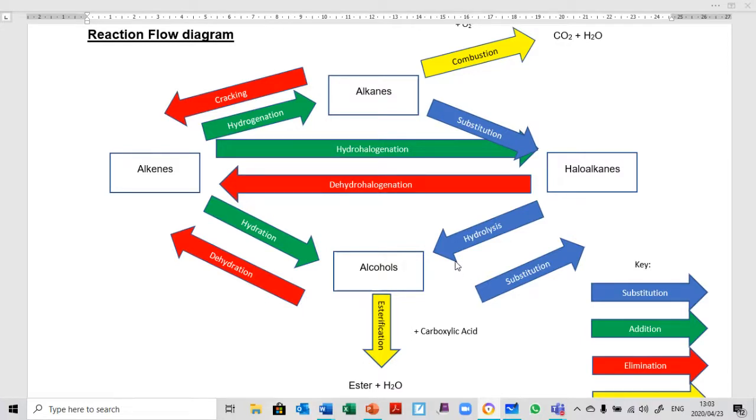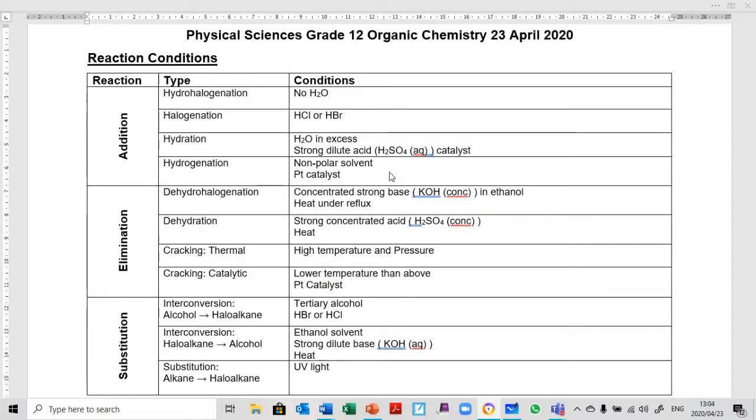But sometimes I find it helpful to have a flow diagram like this and to have the reaction conditions tabulated like this so that you have a singular place to go to for all of this information. Okay, so I put as much information in here as possible for you, all right? Yeah, so I hope this helps a little bit, okay?